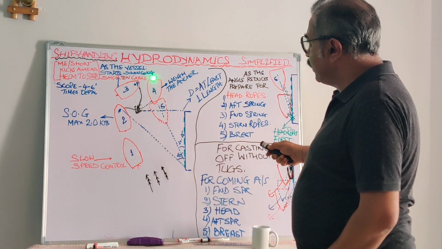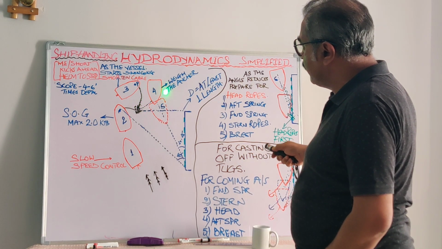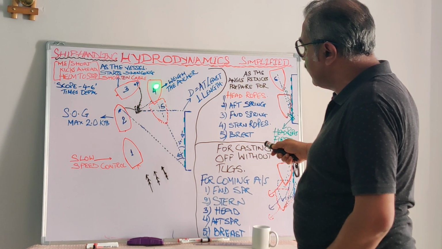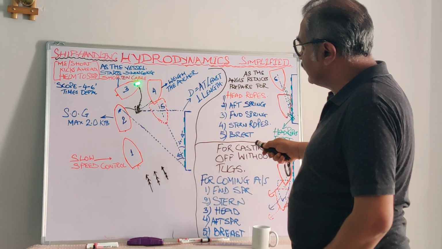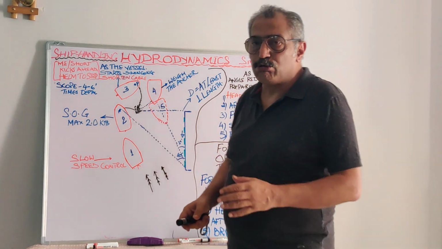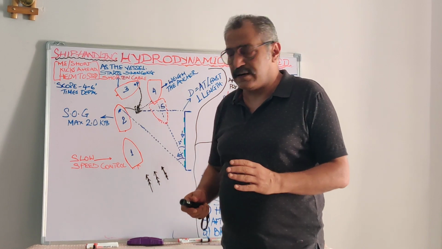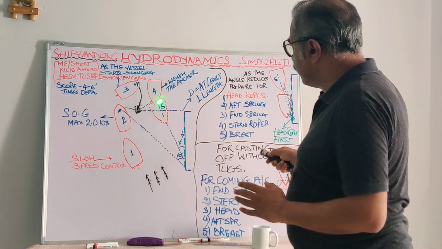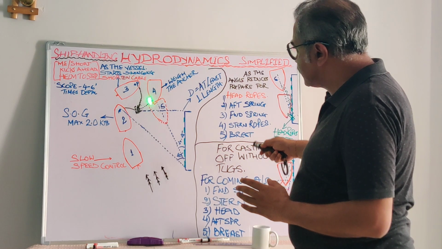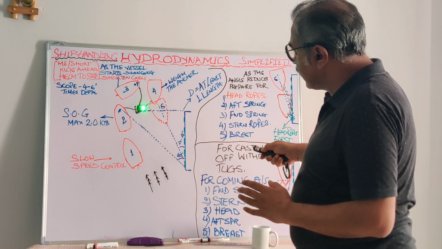Now, once that has happened, you have turned around in figure number 4 to a southerly angle where you are supposed to go, because in this particular case we are planning to go port side alongside. That's the reason we use this starboard anchor. So, in figure number 4, we have turned around southerly. The anchor cable is still there.